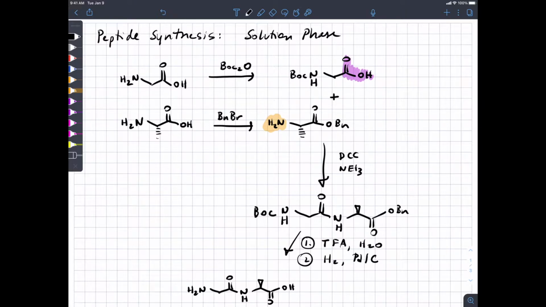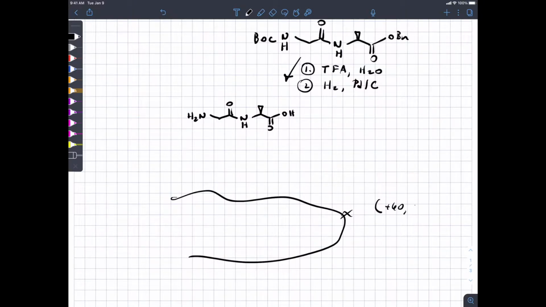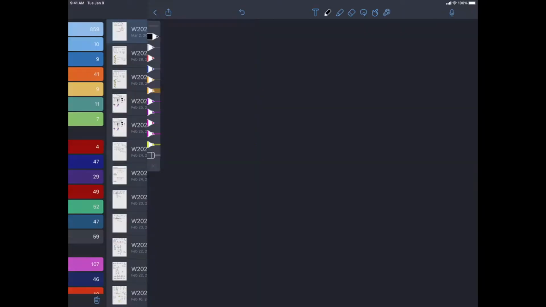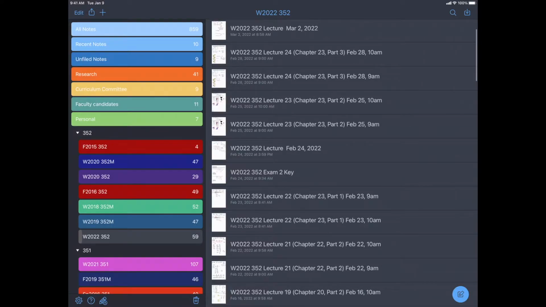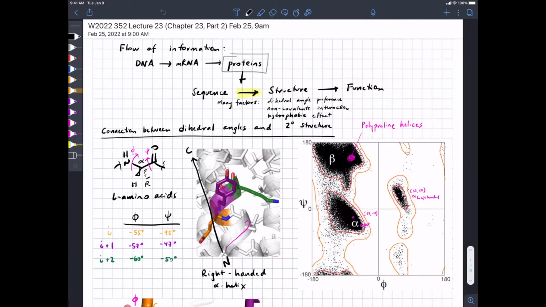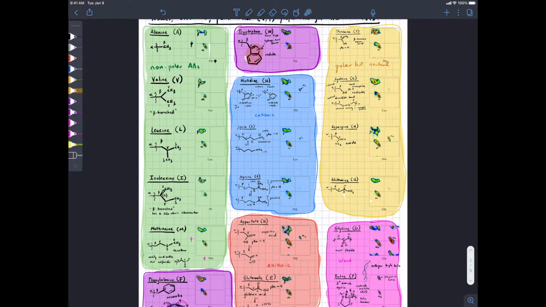But I have written questions before where I said, there is a particular secondary structure that looks like this, and at this position, the dihedral angle that's preferred is like plus 60, and then 0, and then I give you a chart similar to the one that we went through a couple times ago, and I give you all of these individual charts for the amino acids.